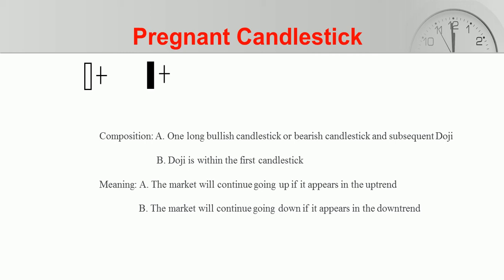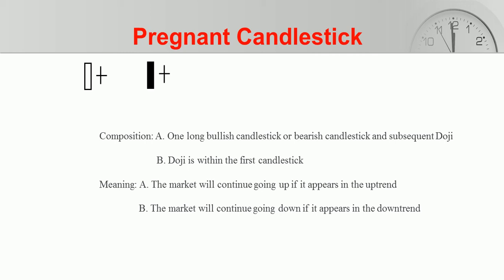The composition is one long bullish or bearish candlestick, and a subsequent Doji, and the Doji is within the first candlestick. So if you see this one, you should know. Maybe someday your friend asks me what that means. Then you can tell him, this is the pregnant candlestick. So you should know you are more professional than your friends. Okay? So the next one, meaning.